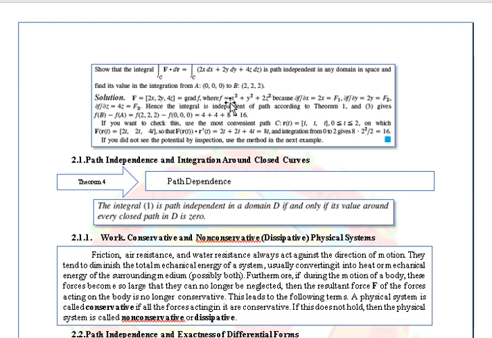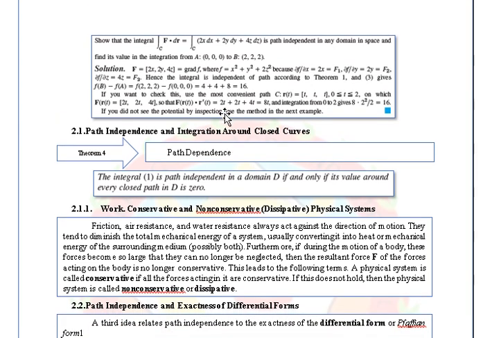So that is the definition of path independence actually. Whatever path you used in taking that integration, it will result to the same value. So in short, hindi siya nakadepende sa path na ginamit mo pang integrate.